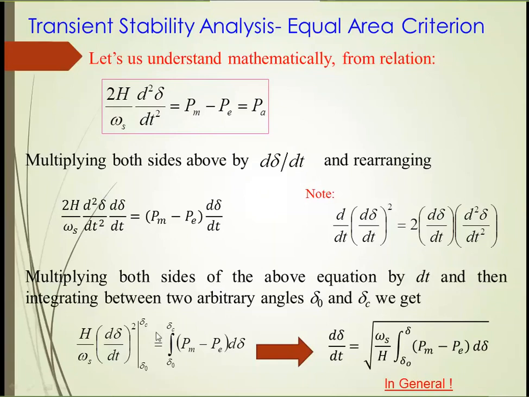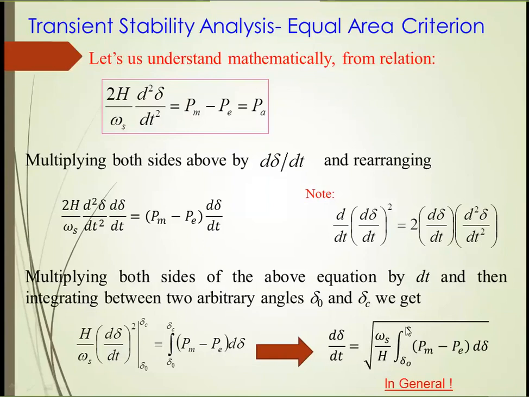This is the inertia part, and thus we manipulate this relationship in this form. So it is actually d delta by dt, that means the rate of change of rotor angle. And this rate of change of rotor angle is with respect to your reference, right? It is given by the square root of this, because omega s by H is constant.